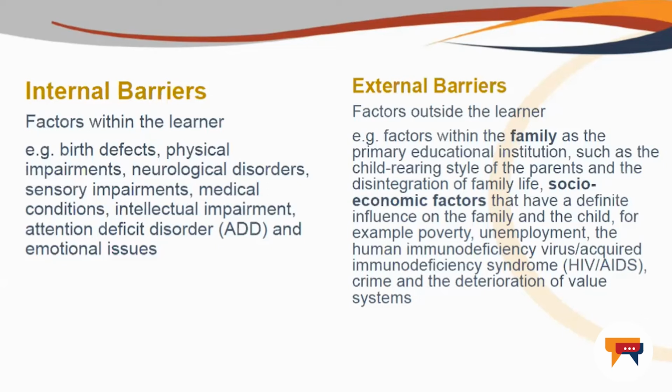So the family is the primary educational institution, not just the school. And the school and the family must work together, but the school needs to understand the family and the family circumstances. And so also, the things that we might overlook, like families' child rearing styles, whether parents are involved.